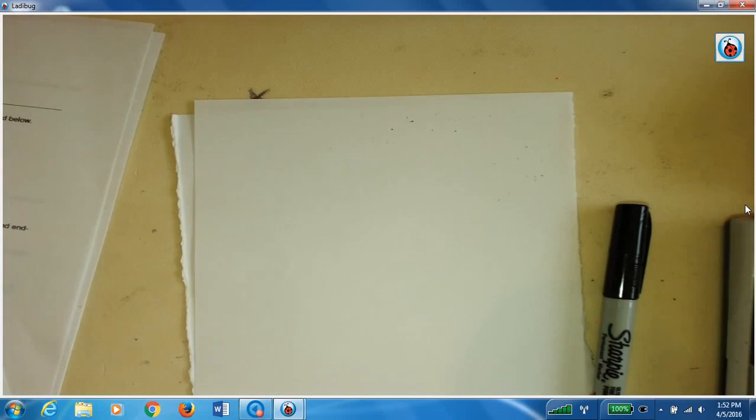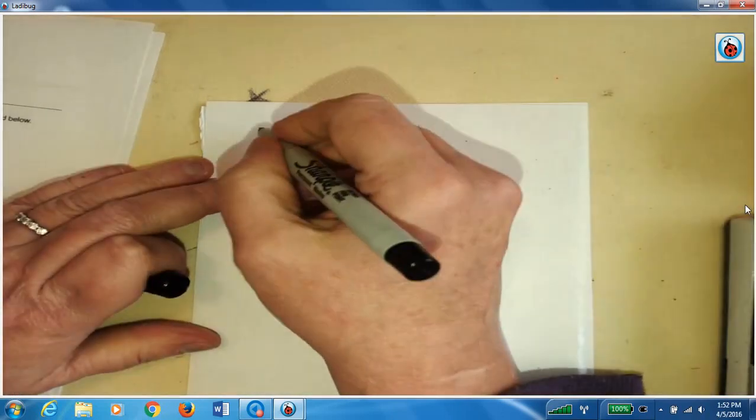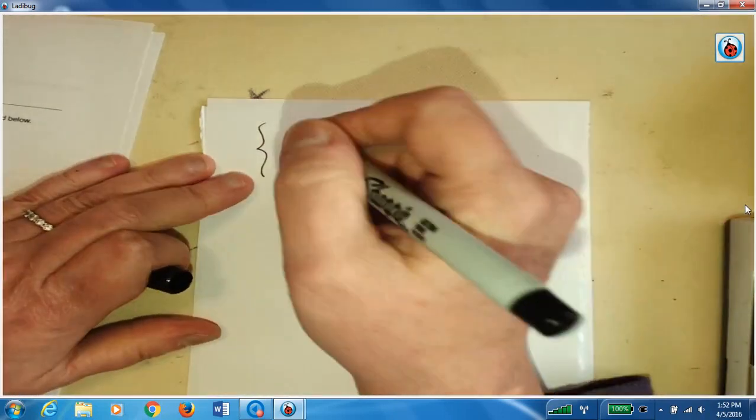And now our last example. Let's see if we can solve this system.